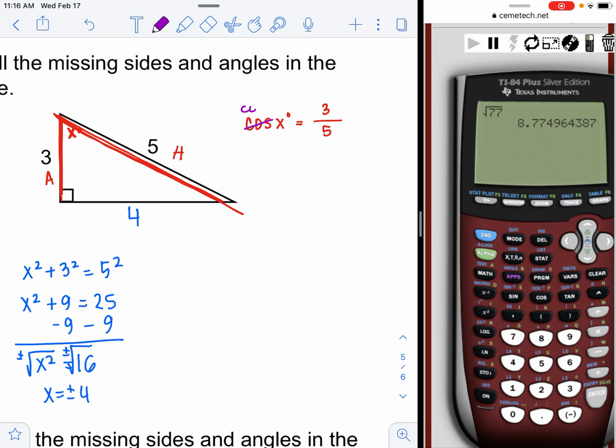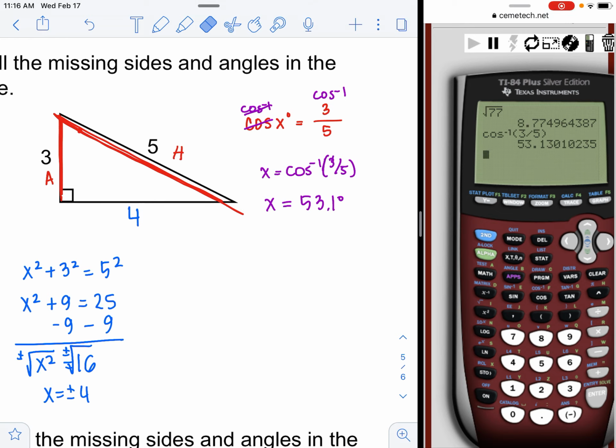I am not cross multiplying because I'm not solving for a missing side. I'm solving for a missing angle. I need to get rid of cosine. How do I get rid of cosine? Cosine inverse. So I have to do that to both sides. X equals cosine inverse of 3/5. Cosine inverse, 3 divided by 5. Hit enter.